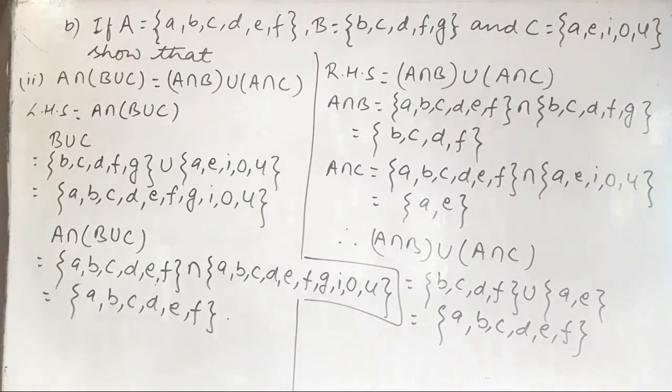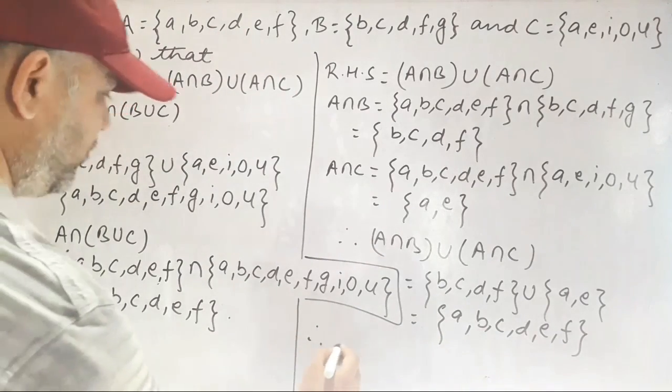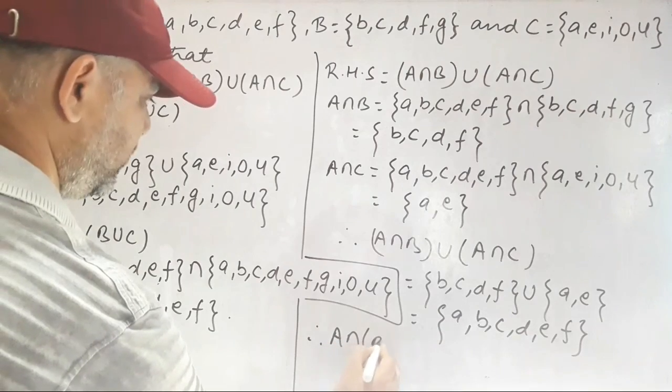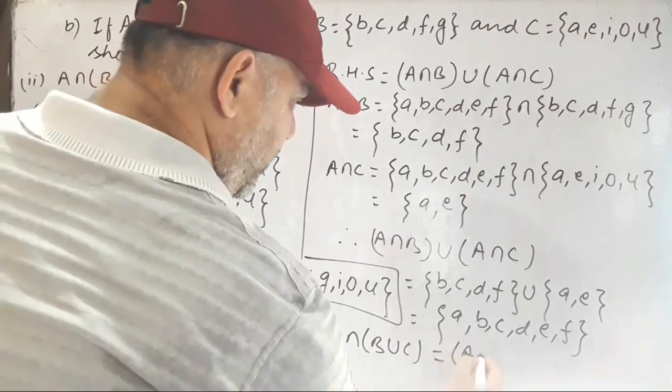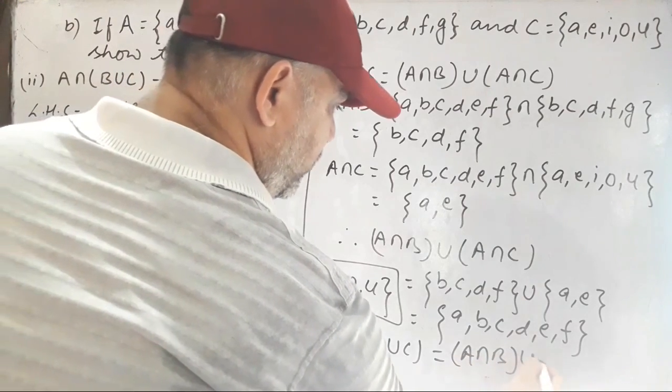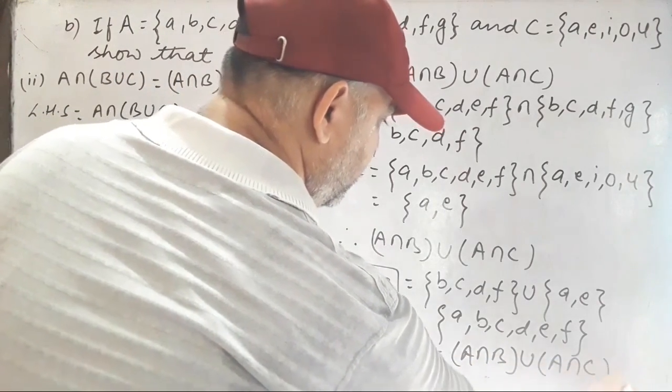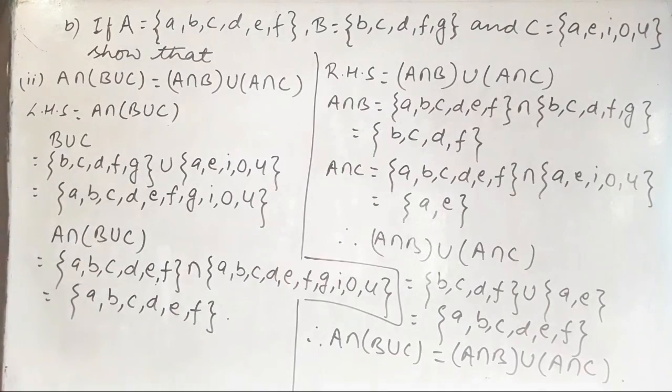They are the same. So we can write down, therefore, A intersection (B union C) equals (A intersection B) union (A intersection C). So we have proved.